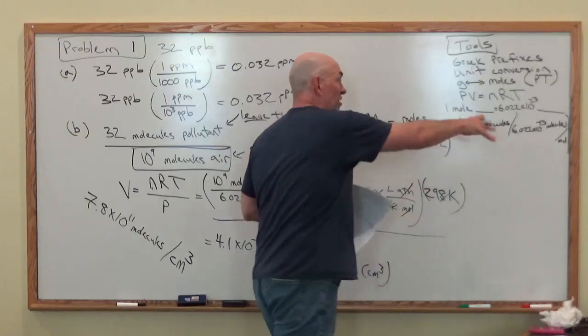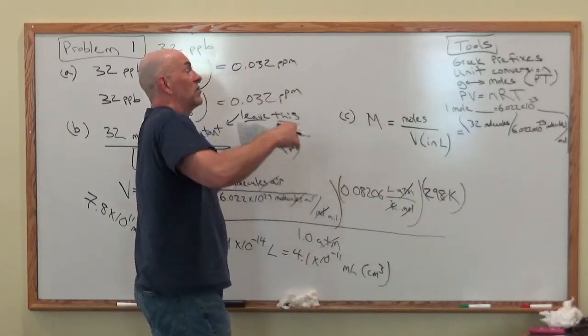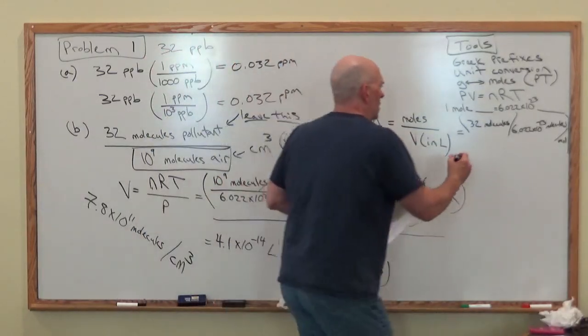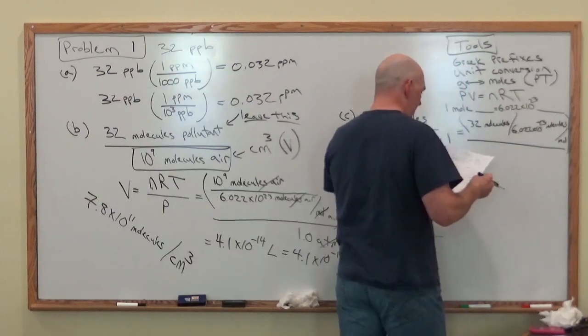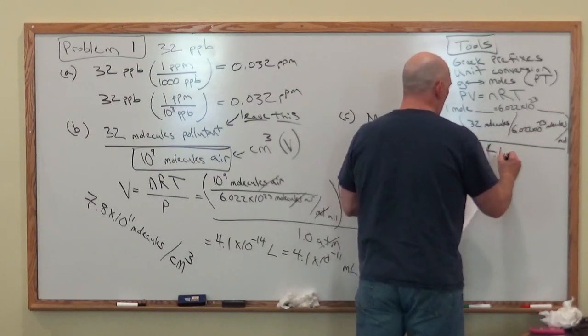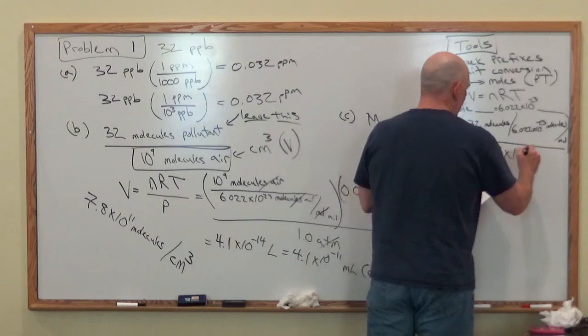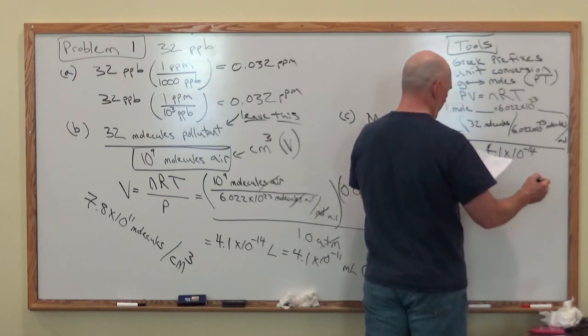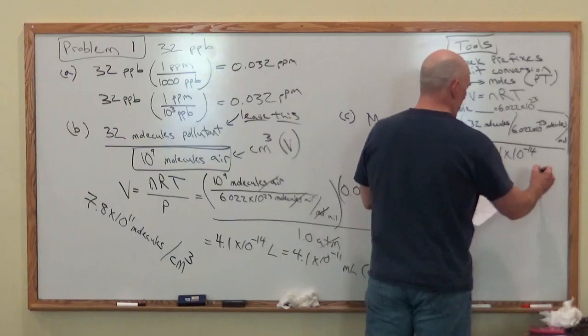The point is it's 32 divided by Avogadro's number. That'll give you the moles, divided by the volume, which was 4.1 times 10 to the minus 14th liters.